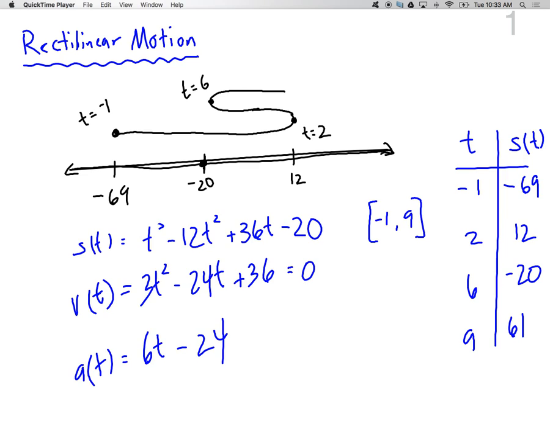And then it ends all the way up here at 61 when t equals 9. I'm missing one thing, and that's arrowheads. To show the direction of travel, we want to put arrowheads on there. And we're done.